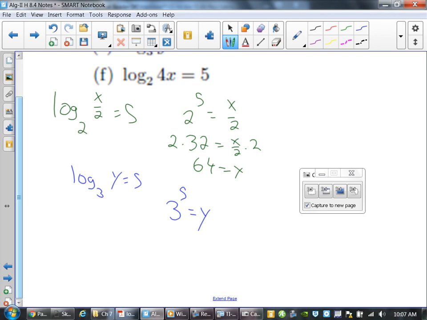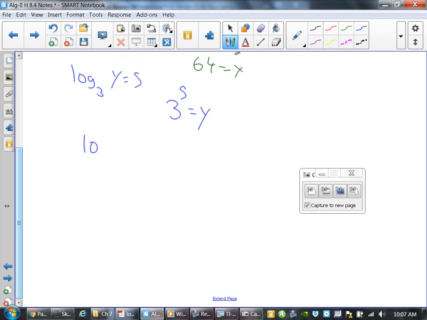And then the last one, we have log base 2 of 4x equals 5. Again, this means 2 to the 5th equals 4x. And what's x?